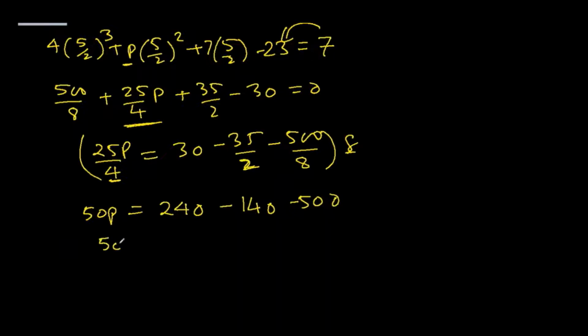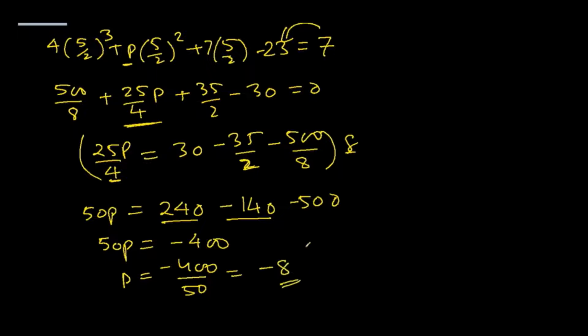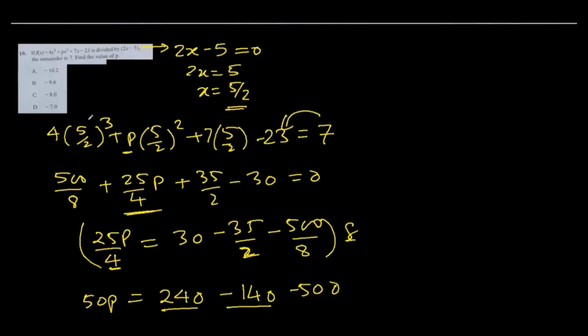So 50p equals 240 minus 140, which is 100. 100 minus 500 will be minus 400. So p becomes minus 400 over 50, which is minus 8. What is the answer? So minus 8. C is the answer.